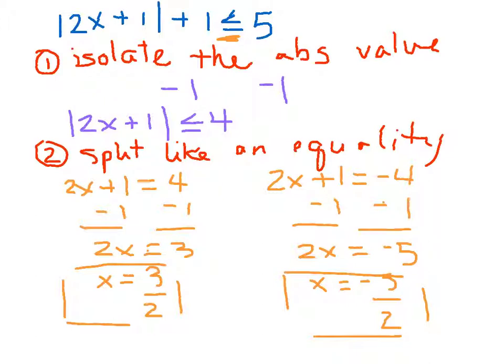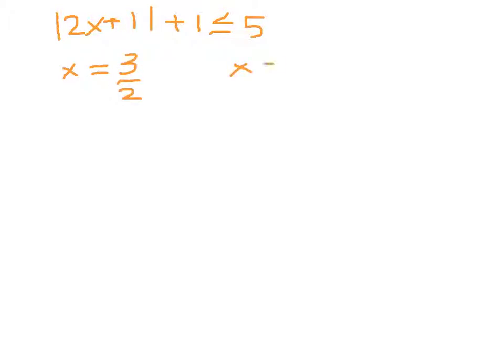So let me move on to, remember, we had the absolute value of 2x plus 1 plus 1 is less than or equal to 5. And we got x was equal to 3 halves, or x was equal to negative 5 halves. Okay, remember that's what we got on the other screen.